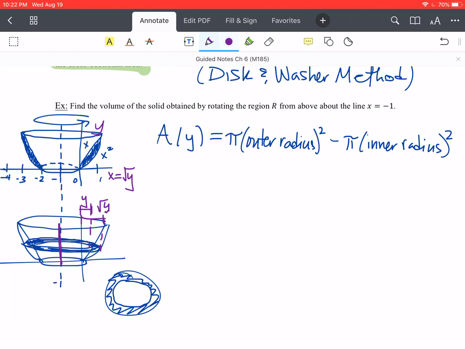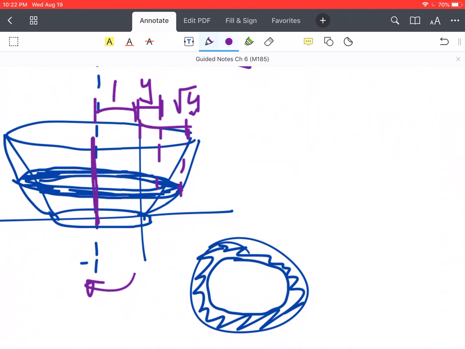So that would seem to indicate what our radius is, right? It would be y and the square root of y. However, we're not starting here. We're starting 1 unit to the left. So don't forget we have this extra length of 1 in here. So what that tells us is that the inner radius is going to be 1 plus that little bit extra, so 1 plus y.